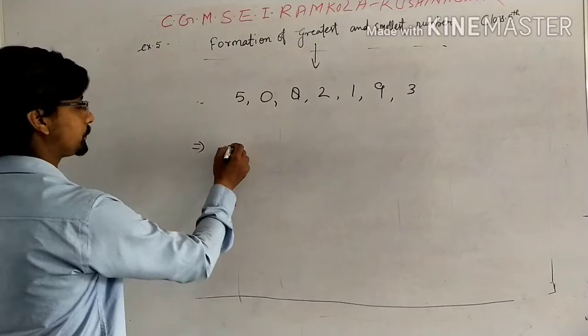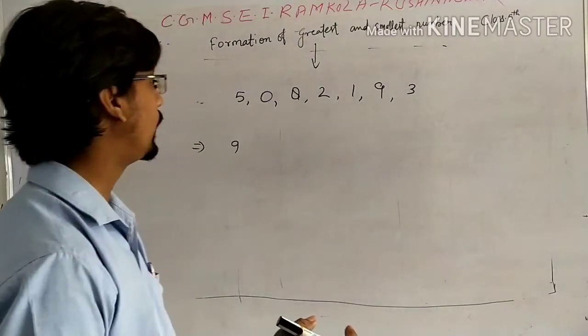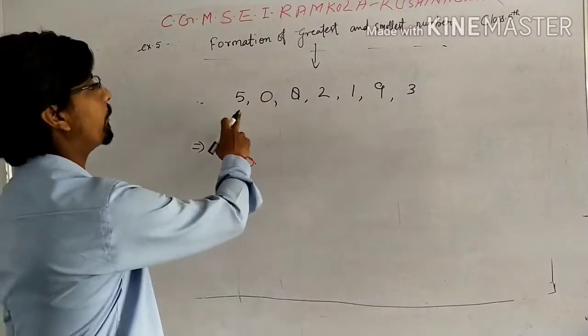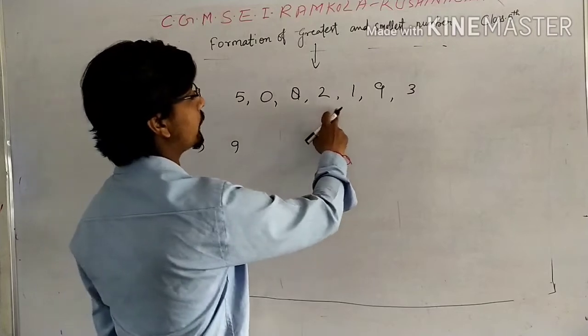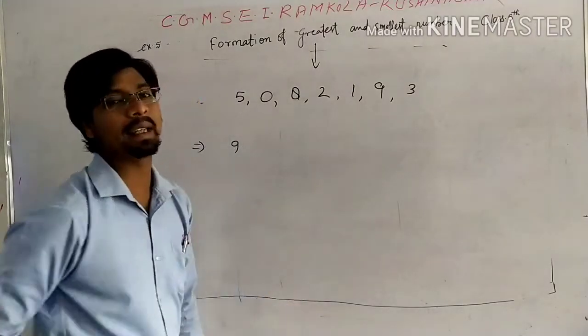So first we put 9 here, and as I told you before, if we form the greatest number, we arrange the digits in descending order.